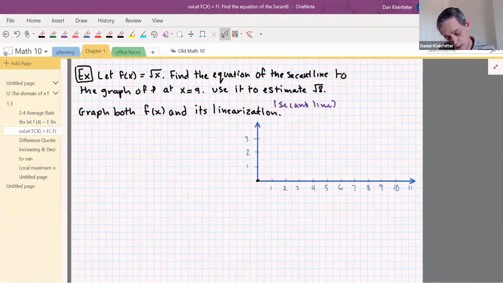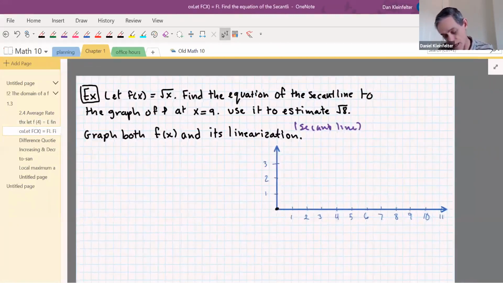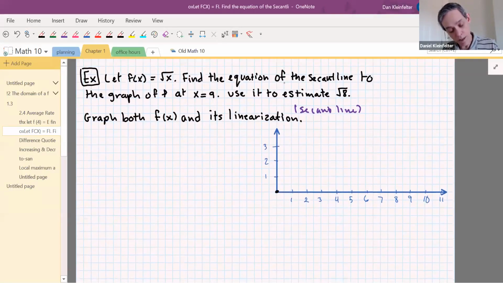Okay, so we're going to use some of that here with this square root to help produce this graph for the square root function. It says, let f of x equal square root of x. Find the equation of the secant line to the graph of f at x equal 9, and use it to estimate the square root of 8. We'll graph both f and what's called its linearization. So let's go ahead and put the graph of the square root of x up there first.